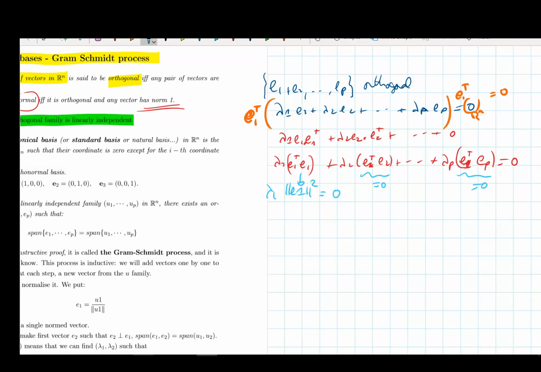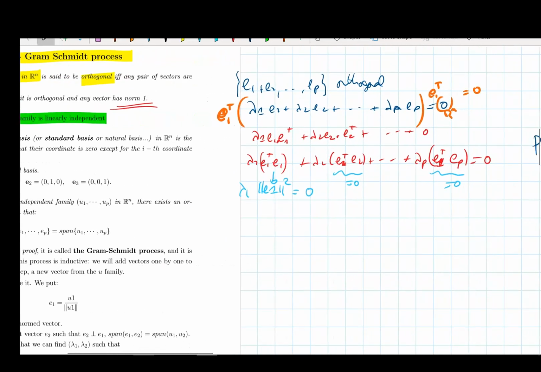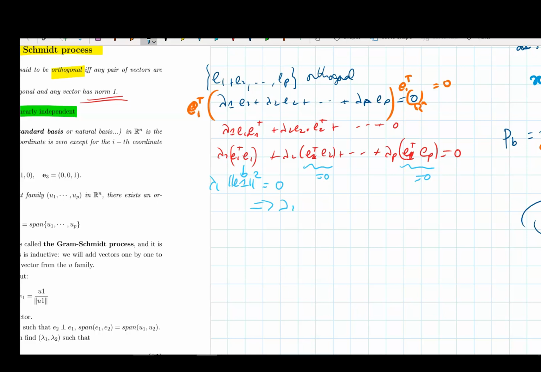And of course, all of my vectors are different from 0, but the 0 vector is orthogonal to any other, so let's assume that 0 is not in my family. I should add this to the question. So this gives me that lambda 1 is equal to 0. That's the only way to get 0.